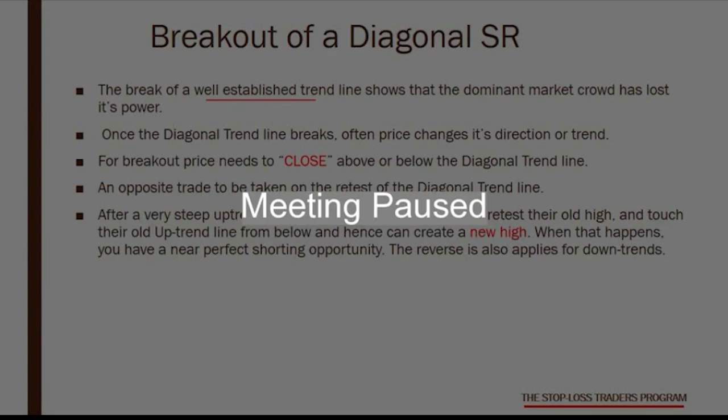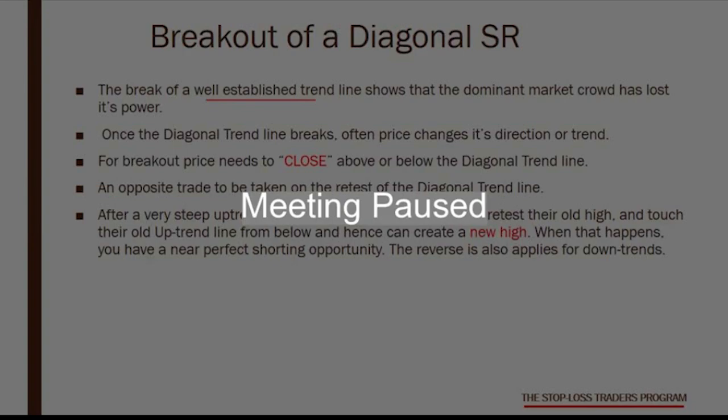Once we plot all these SRs, now if price is coming to a daily SR, what kind of a reaction will we expect? We expect a few days of movement reaction. But when price is coming up to the monthly SR, what kind of a reaction will you expect? The monthly SR will give a reaction which will be there for a couple of months, right?